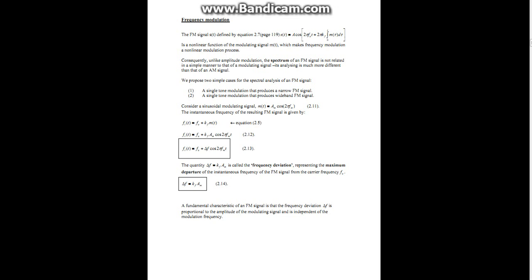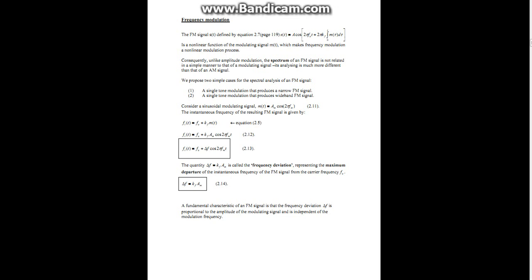The instantaneous frequency of the resulting FM signal is given by fi(t) = fc + kf m(t).